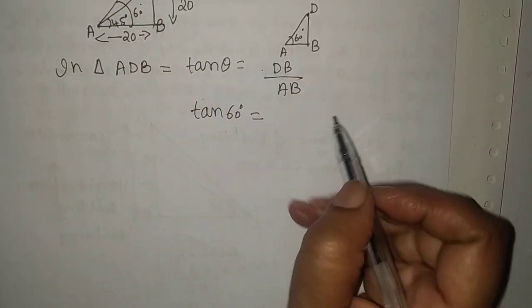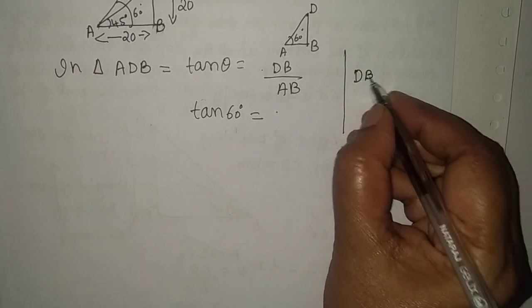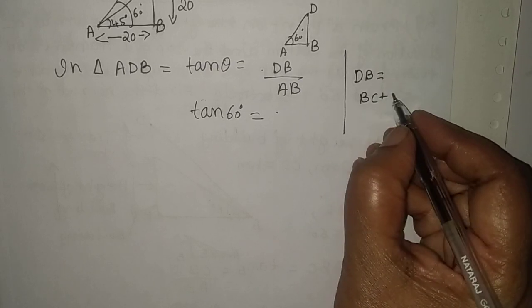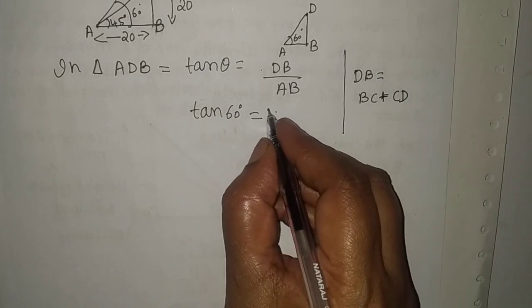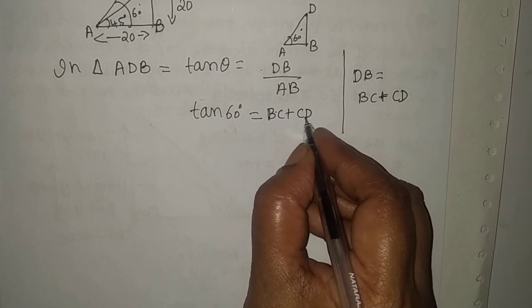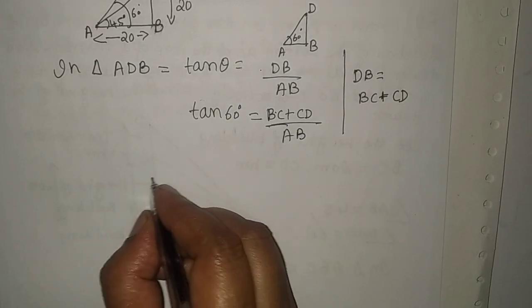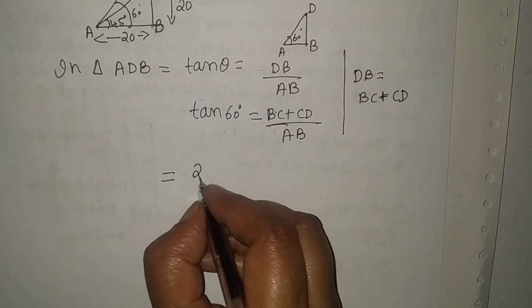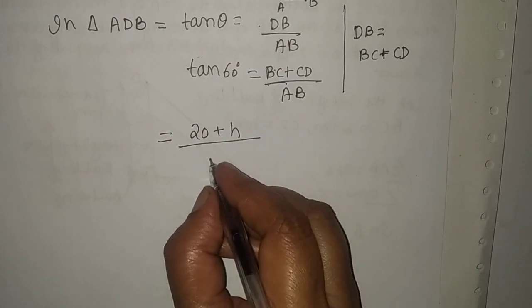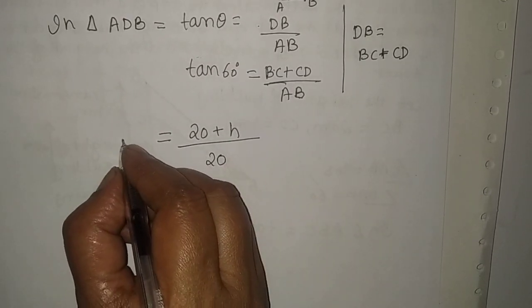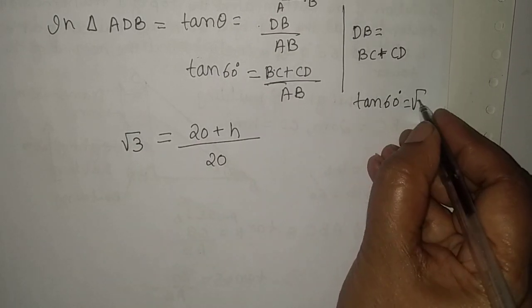DB can be written as BC plus CD, so BC plus CD by AB. Now BC is 20, substitute. CD is H. And AB is 20. Then tan 60 is equal to root 3.